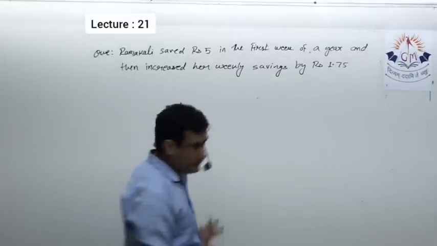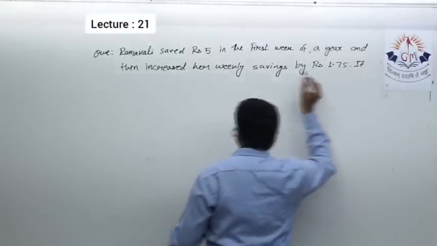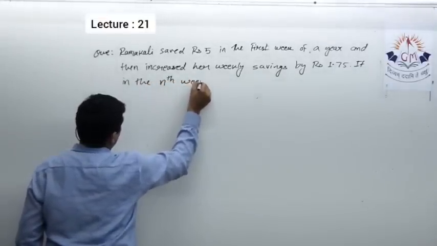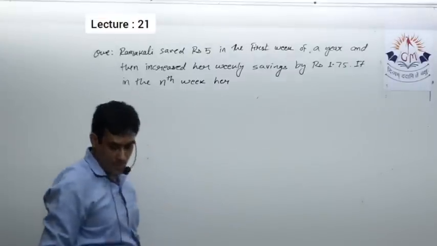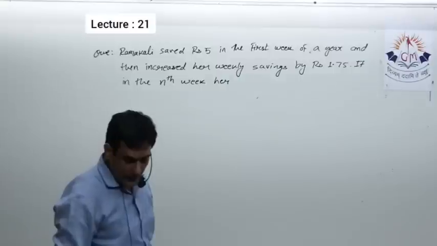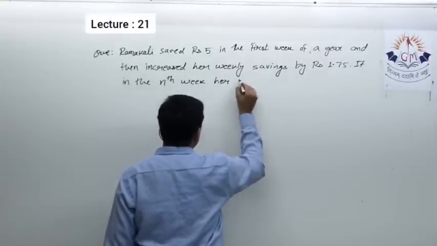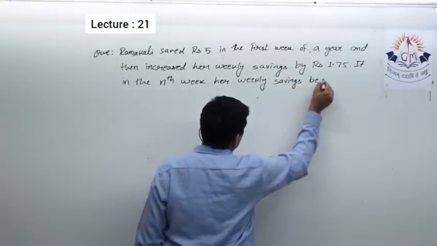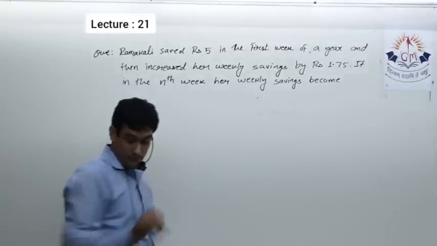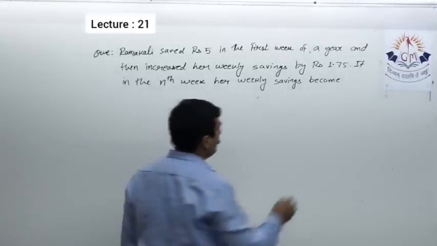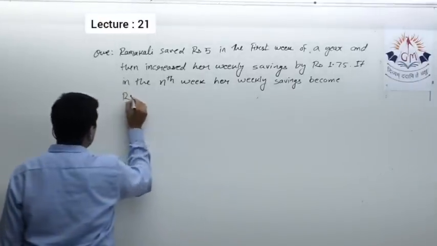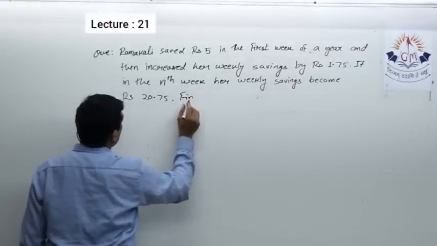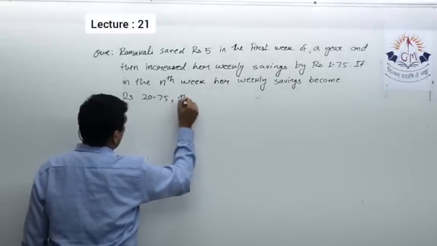If in the nth week her weekly savings becomes rupees 20.75, find n.